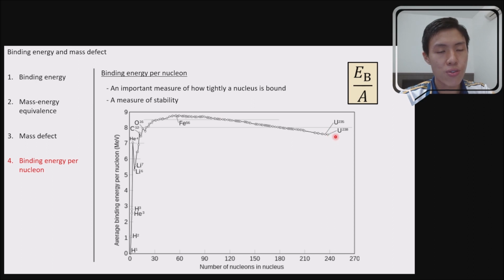Of course, you have other nuclei with a greater number of nucleons compared to uranium, but those are not shown on this graph, because nuclei that are very large, larger than uranium, usually cannot be formed in nature. Or even if they are formed, they will spontaneously decay to lighter nuclei.